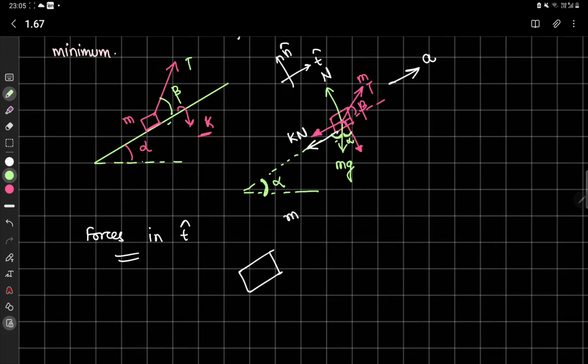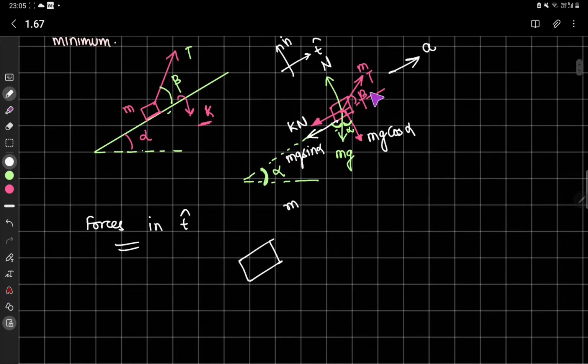So one component will be mg cos alpha, and in this direction we have the component mg sin alpha. We also have the components of tension: in the tangential direction, T cos beta, and in the normal direction, T sin beta.